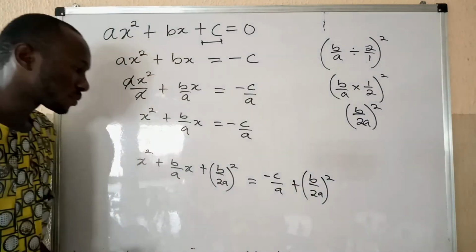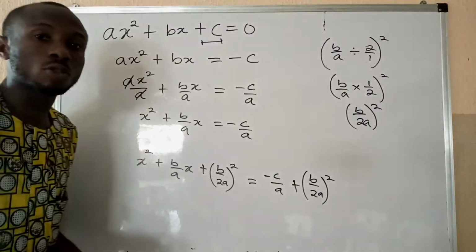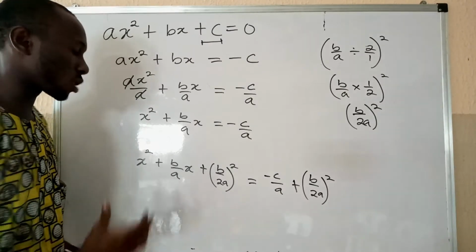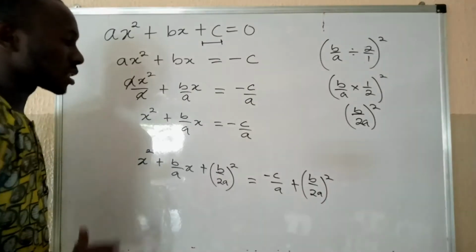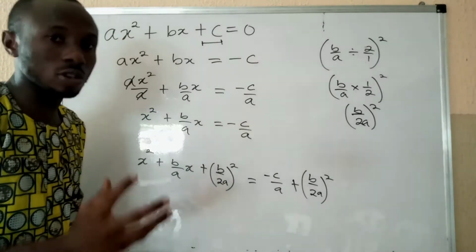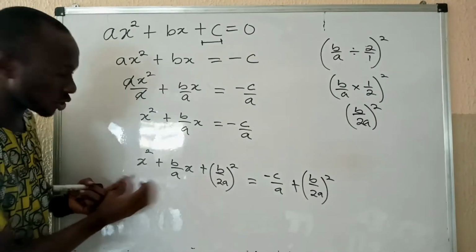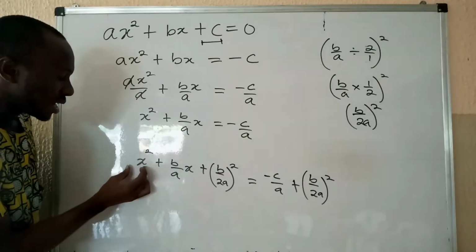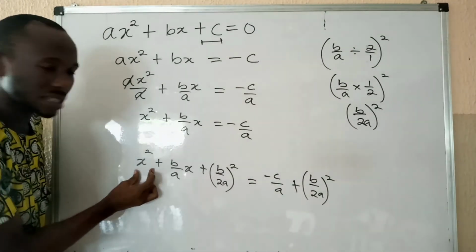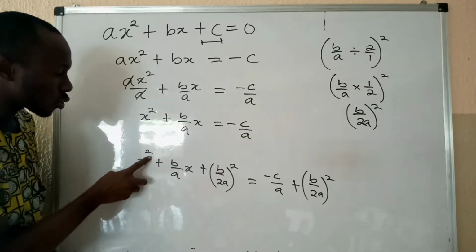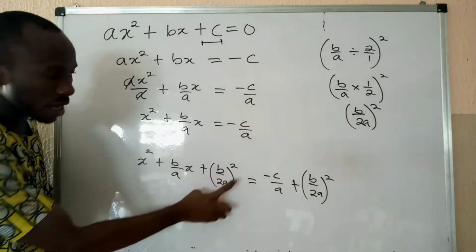This is step 4. Now step 5, you really need to come closer to your screen to understand what I'm going to do here. Step 5 is very, very critical, so just look up. If you look at the left hand side of this equation, you observe clearly that the extreme terms are squared. You can see x squared and b upon 2a squared.